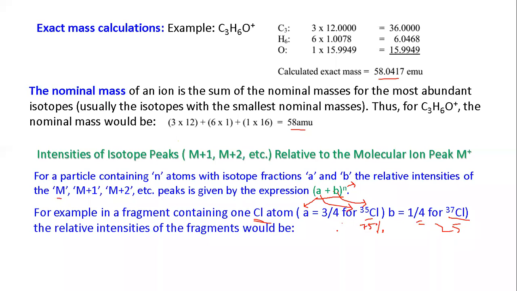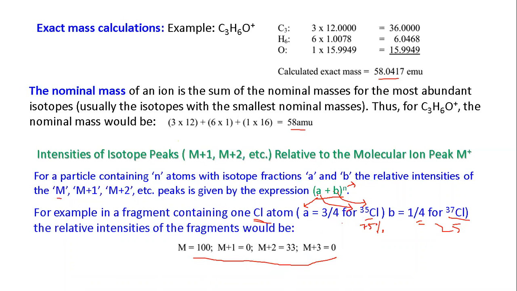Now, what you have to see is the relative intensity of the fragment. M will be 100, M plus 1 will be 0, M plus 2 will be 33, M plus 3 and M plus 4 will be 0. Why this is, I am coming to this conclusion, you can understand.